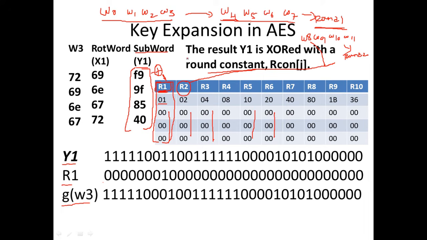Take this SubWord and use the round constant table. Select the corresponding round constant. Say here we have selected R1 because we are finding the subkey 1 for our round 1. And you perform an XOR. So this result, what we are seeing here, is nothing but the result of the function G.